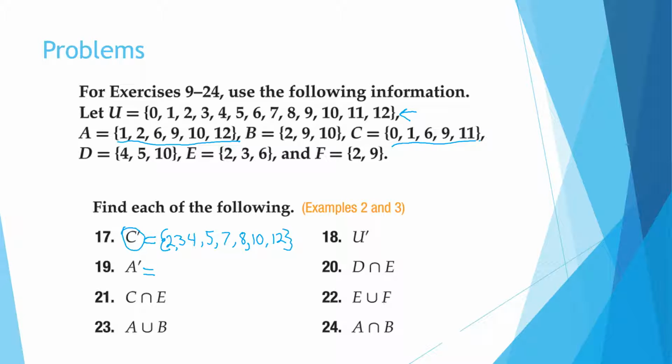Now, one other complement that I want to deal with is U complement. This is everything that's not in the universal set. If you look at these numbers, 0 to 12, what number in 0 to 12 is not there?